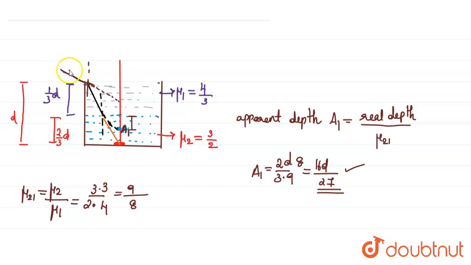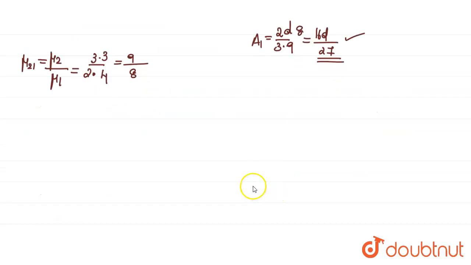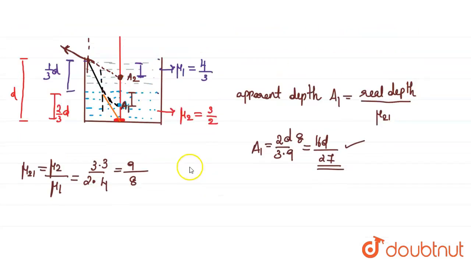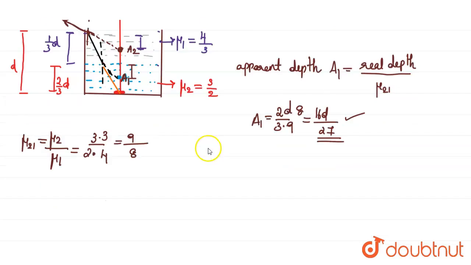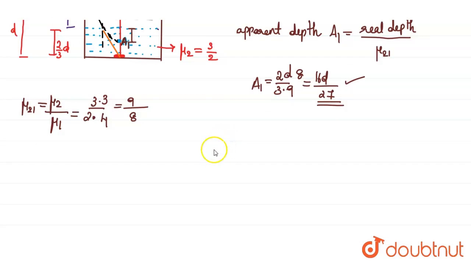The light comes outward in this direction, and when we extrapolate, this is another point, and this distance is the apparent depth A2. So we can find the apparent depth A2.